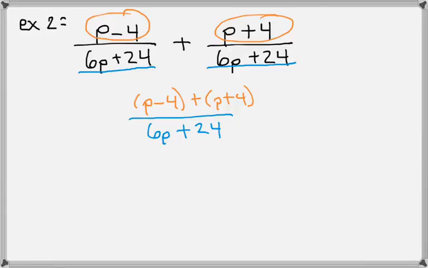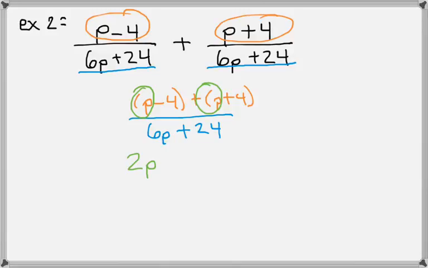So here, in the numerator, I have the parentheses, but all of my operations are either addition or subtraction. So I don't really need those parentheses in this case, and I can just go ahead and combine like terms. If we look at this, I have a 1p here and another positive p here. So that's going to give me 2p.